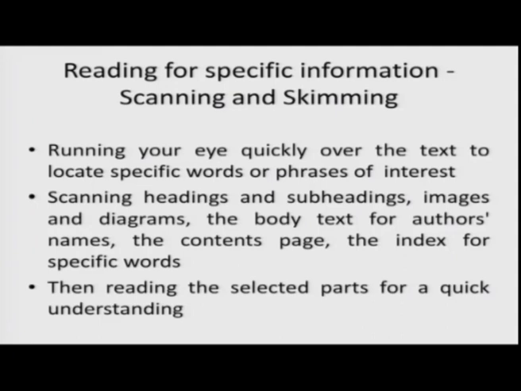For example, let us imagine I am reading a research article on processes of reading. A research article usually, as we have discussed in one of the previous classes, has an introduction section, then review of research, current research methodology, details about the current research, discussion of the findings and the conclusion.